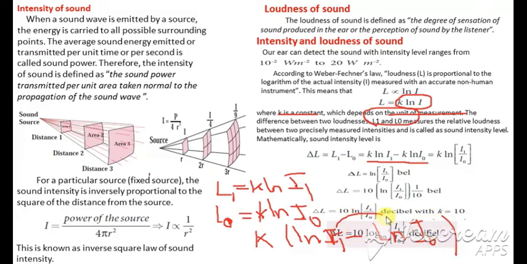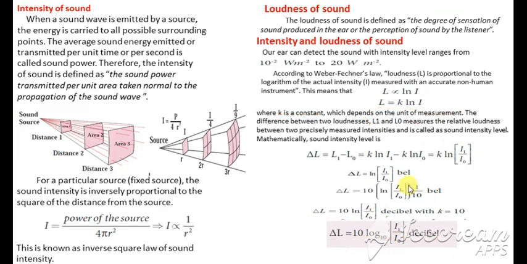Any two logs with a minus sign in between can be written as division. So we write this as ln of I1 divided by I0. இதுதான் இங்க எழுதிருக்கோம், ln of I1 divided by I0. Okay, next, இப்போ del L is equal to k ln I1 by I0.